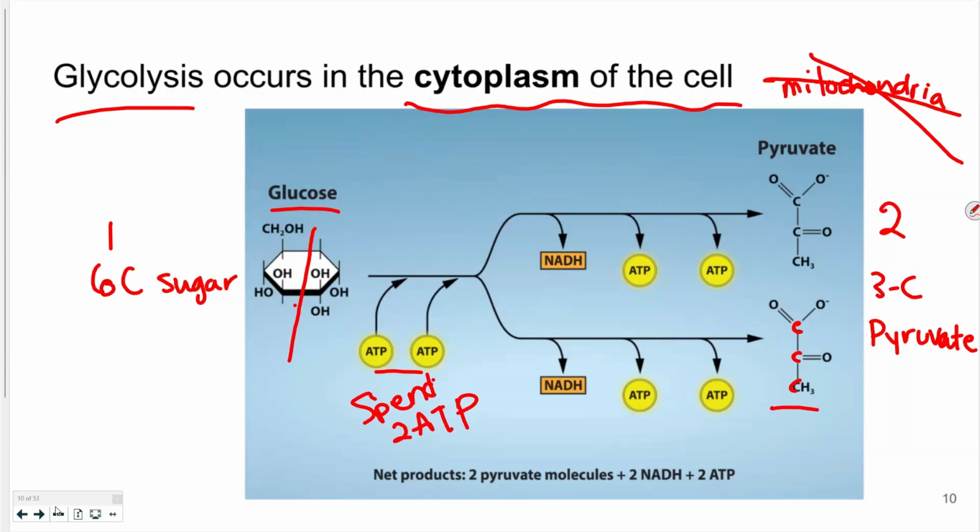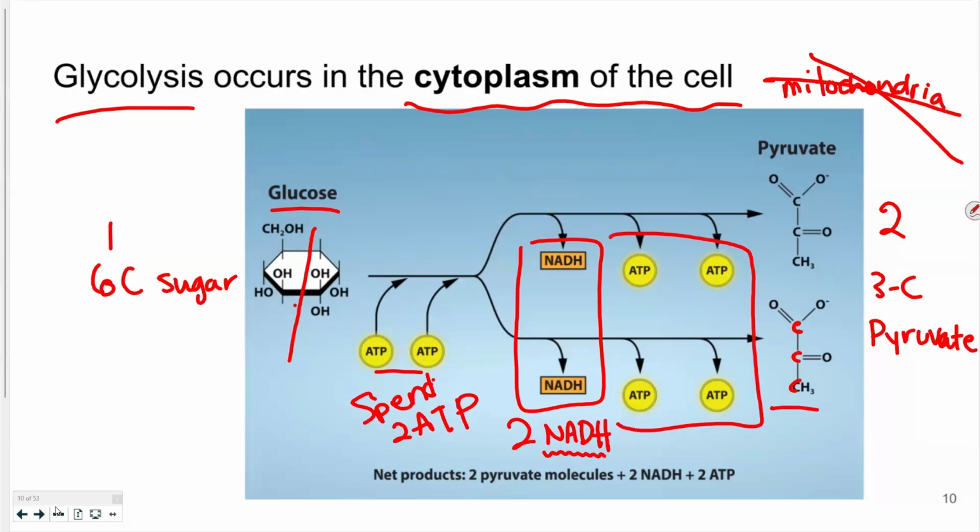So during that process, we're going to produce 2 NADHs. So start a little column in your notes because we're going to keep track of how many NADH we produce throughout this whole process. We're also going to produce 4 ATP. Now, if we remember, we gained 4 ATP, but we spent 2.